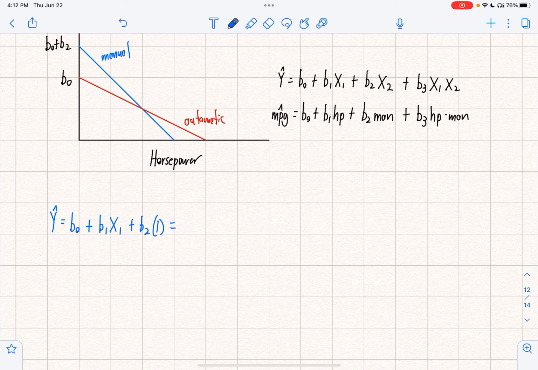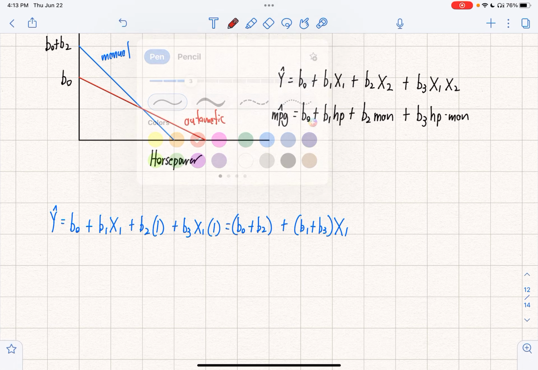Then we add plus b3 times x1 times x2, which is 1, so these just get plugged in for 1. If we simplify this, we have b naught plus b2 plus b1 plus b3 times x1.